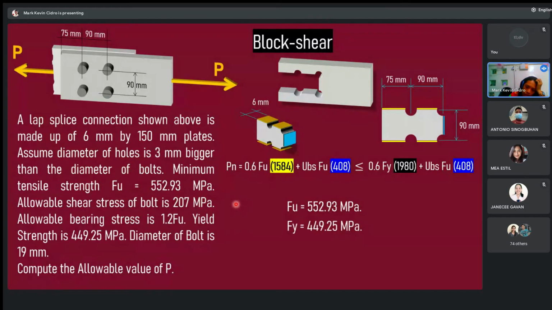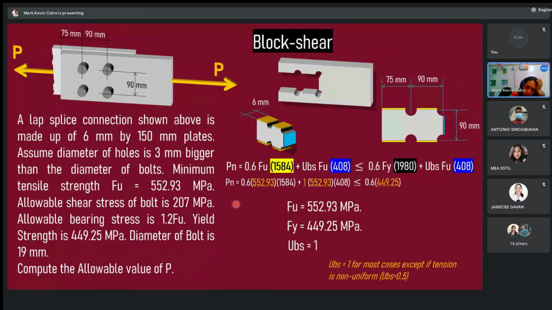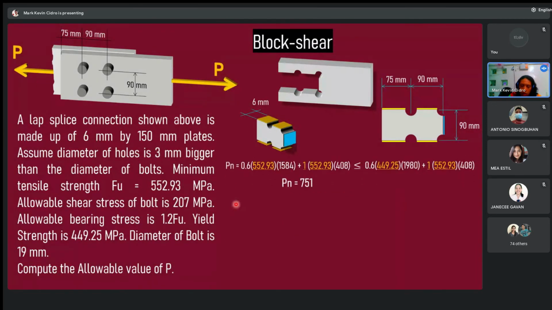Your FU is given, your FY is given, your UBS is equal to 1. So, solving the value, the result will be for PN, that is 751,100.112 Newton. And this should be lesser than or equal to 759,304.44 Newton.